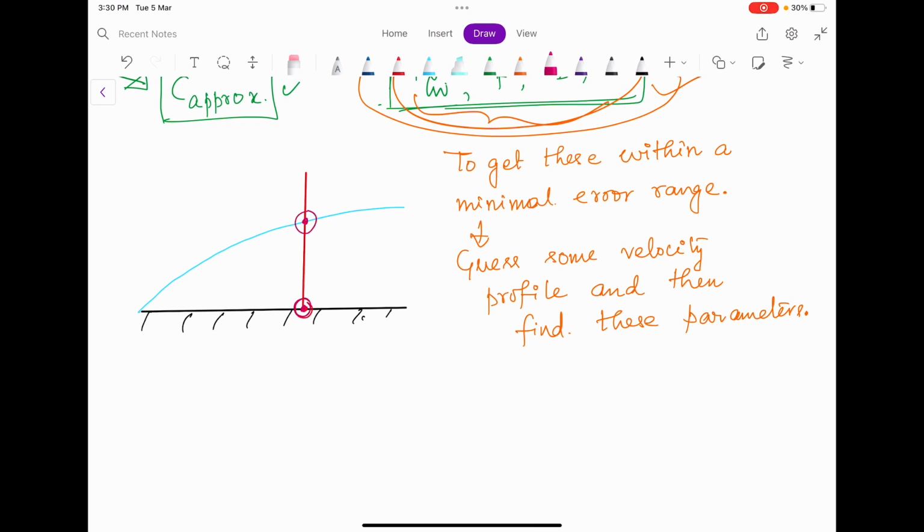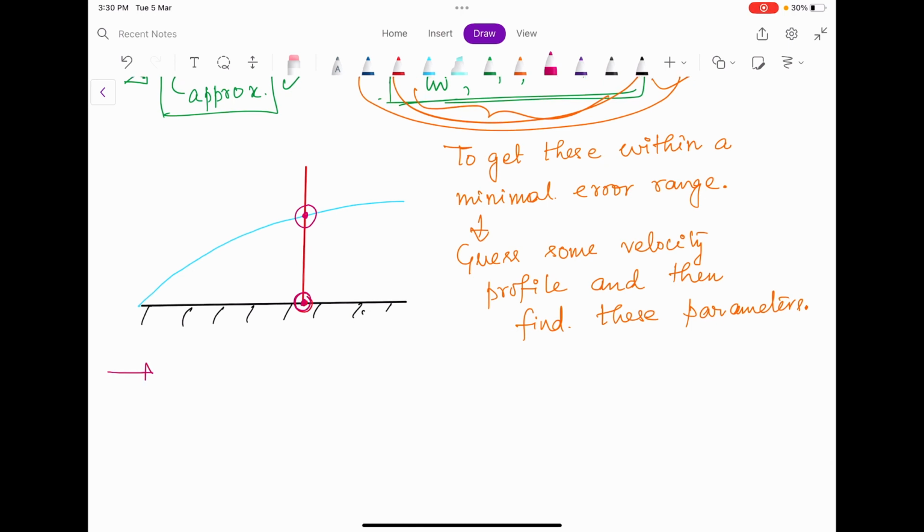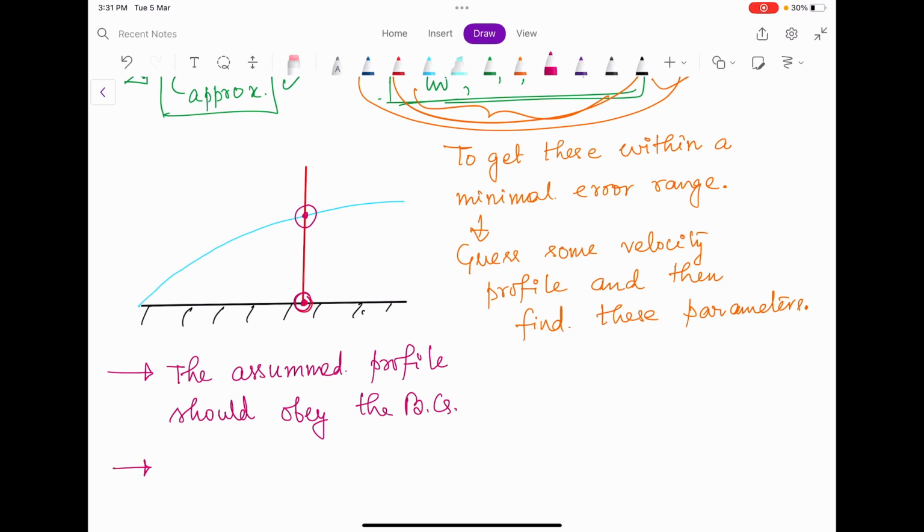Okay, so my guideline will be, or the rule will be, the assumed profile should obey the boundary conditions and it should be obeying physics.